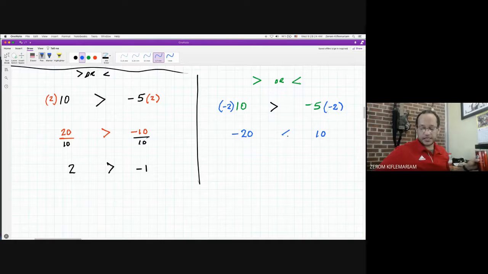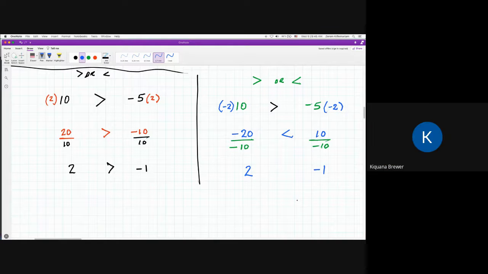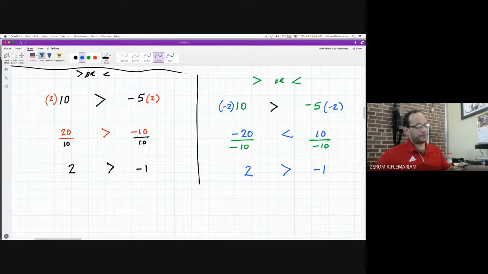Negative 20 is less than positive 10. Now if I divide this by negative 10, negative times negative becomes positive 2. 10 divided by negative 10 becomes negative 1. What goes in between? Greater than. So what am I trying to say? If we are multiplying or dividing by a positive number, the sign remains the same. If I am multiplying or dividing by a negative, the sign flips.